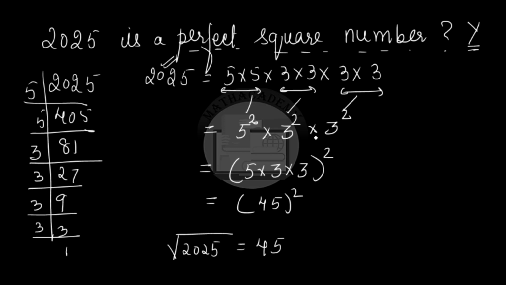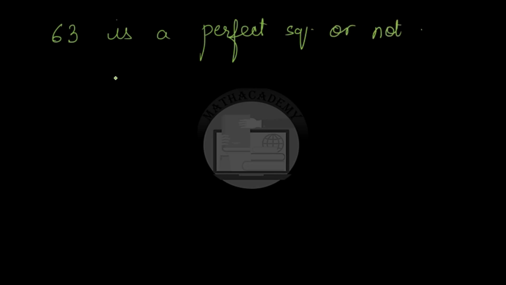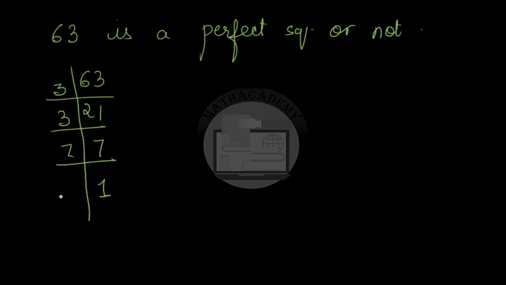Let us take an example where the given number is not a perfect square number. Let us try to determine whether 63 is a perfect square or not. First we'll prime factorize 63. So 63 written as the product of prime factors is 3 times 3 times 7.